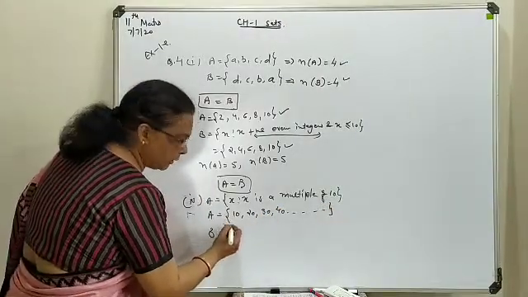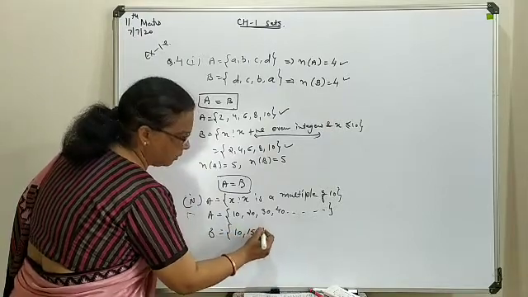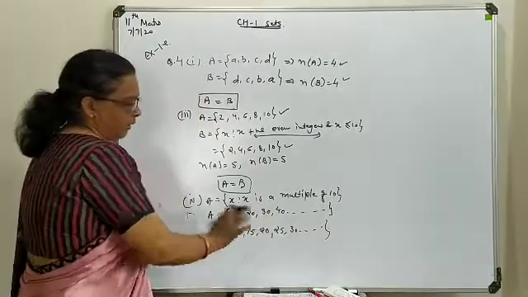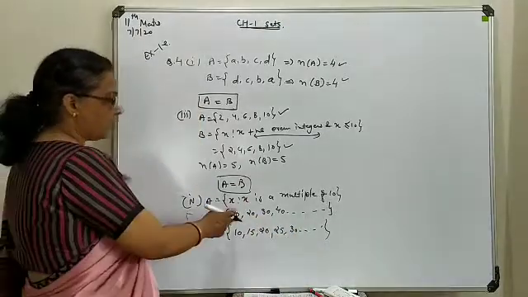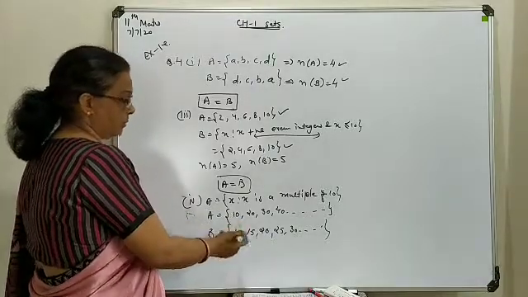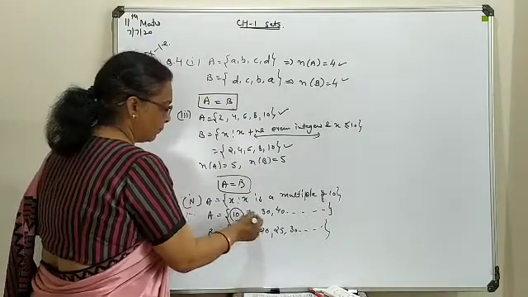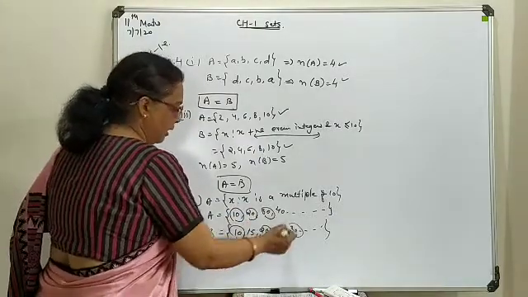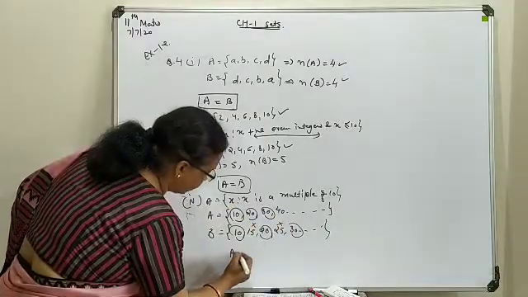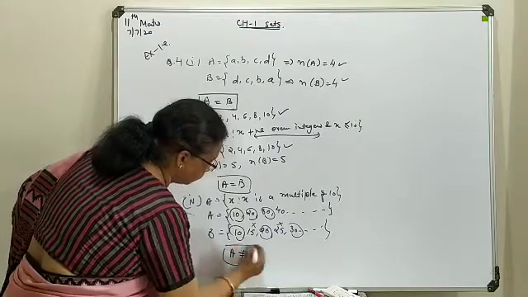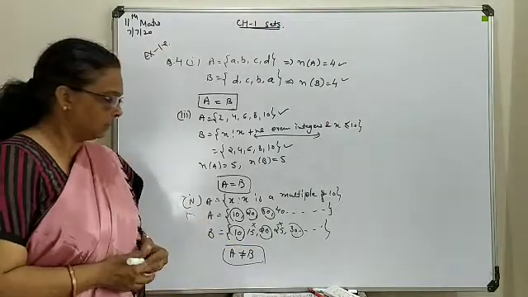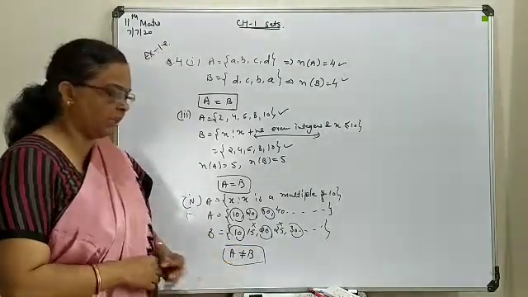Here you can see B is available as 10, 15, 20, 25, 30. Both are containing infinite solutions, but you see this is a multiple of 10 and this is a multiple of 5. So the numbers are not the same. Some numbers are the same, that is 10, 20, 30, but in between 15, 25 are not included here. So it can't be considered as an equal set. So this way, on the basis of the elements available to you, you can find out whether these are equal or not.